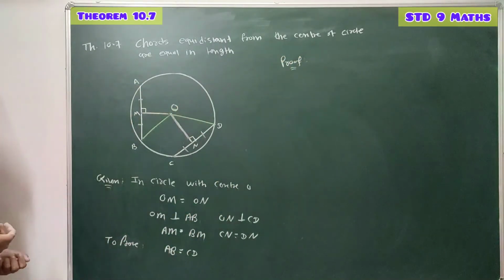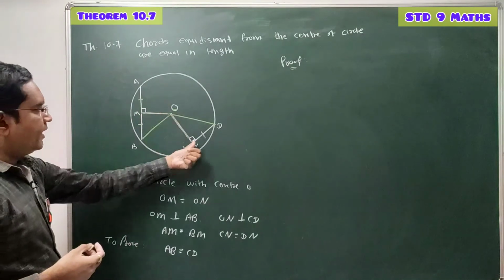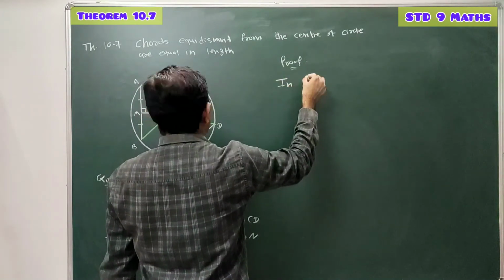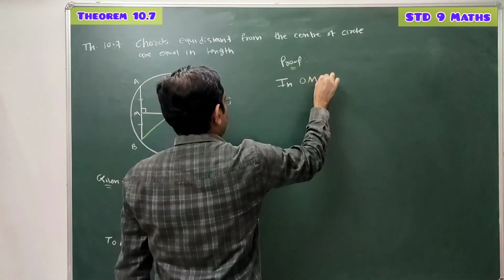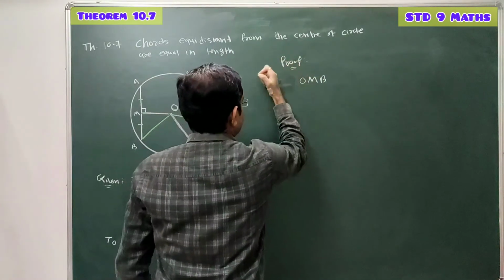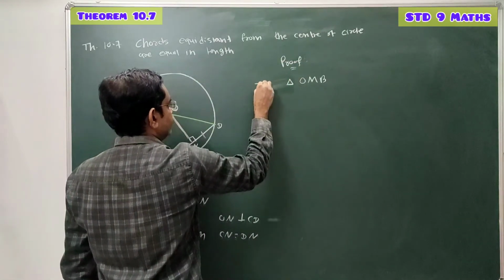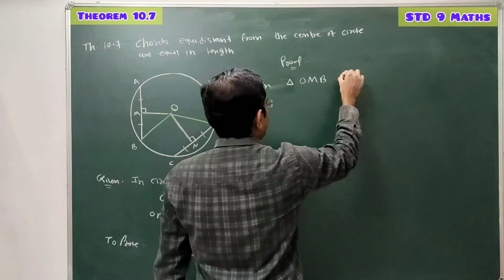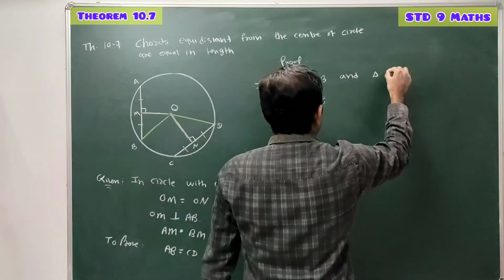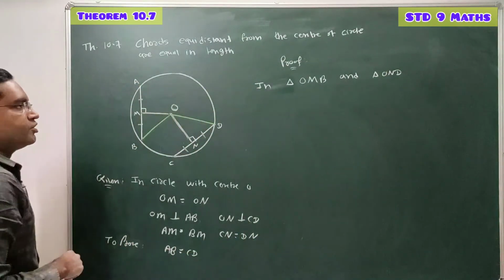Students, we have to consider these two triangles, OMB and OND. We have to prove these two triangles are congruent.